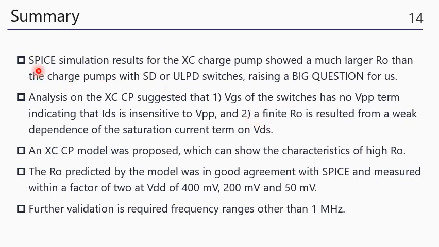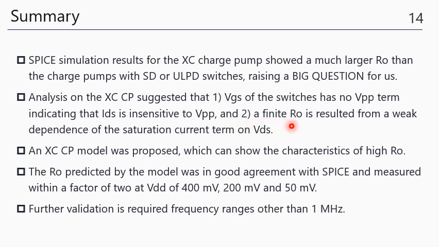In summary, the SPICE and measurement results for the XC charge pump showed a much larger RO than the charge pumps with SD and ULPD switches, raising a big question for us. And therefore, we analyzed the XC charge pump operating in the subthreshold region. That analysis suggested that VGS of the transistors has no VDS term, indicating IDS is insensitive to VDS.